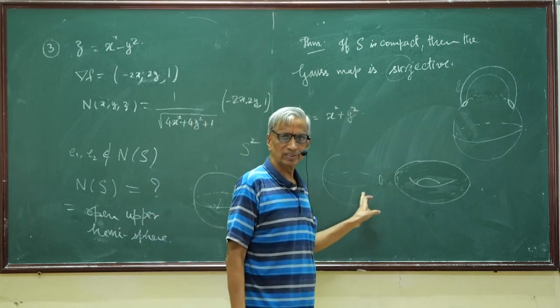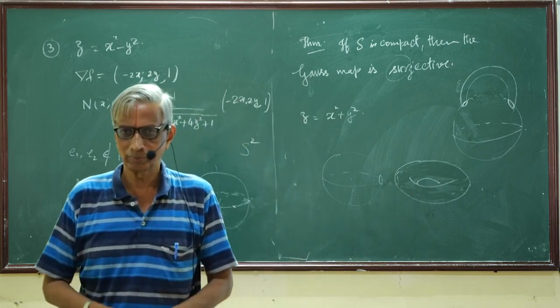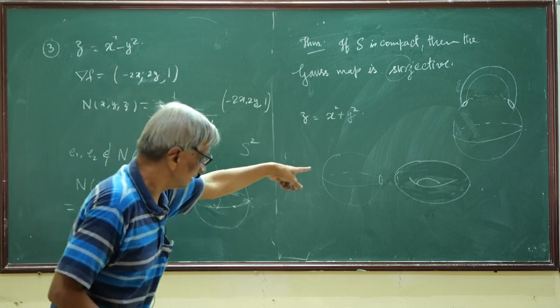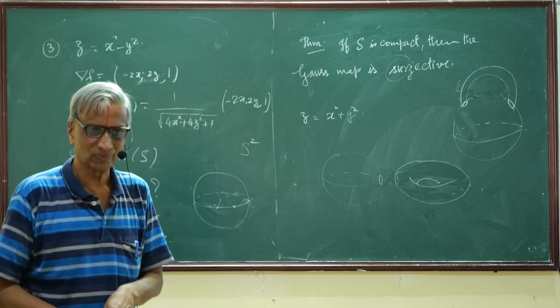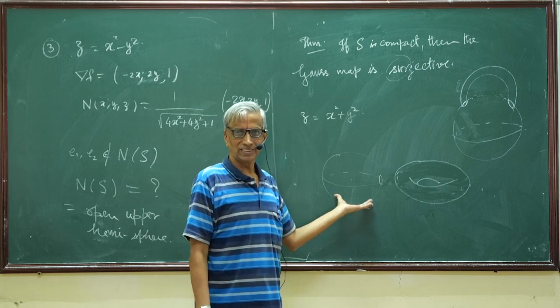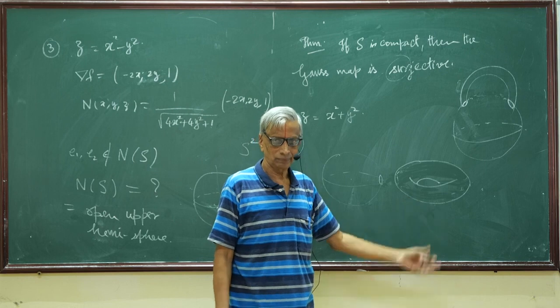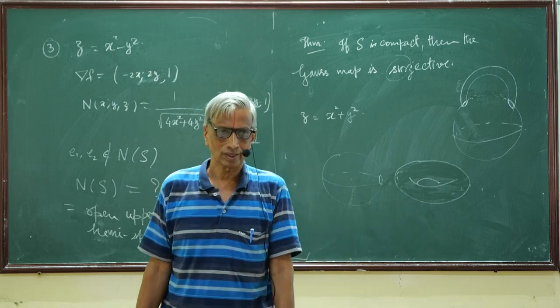So topologically, what is the difference between this and this? Both are compact, but the other one has a hole, so to say. So this is simply connected, whereas this is not simply connected.